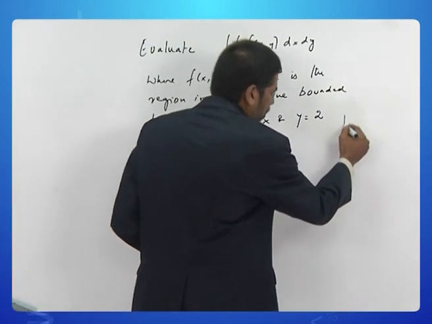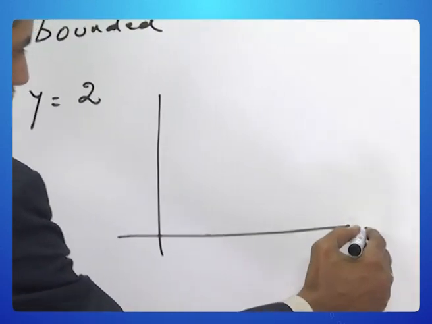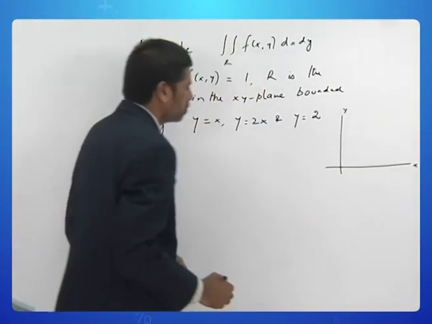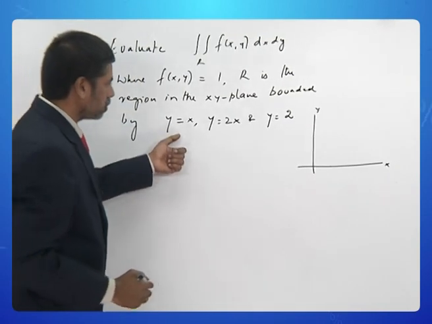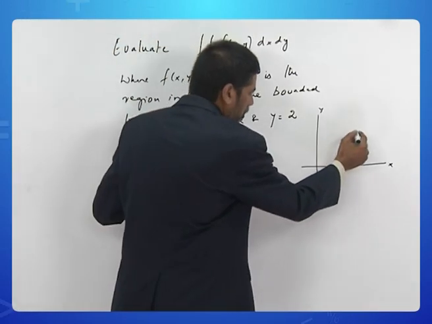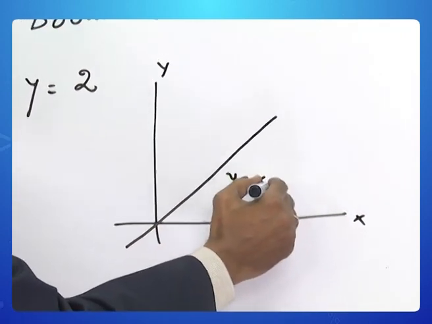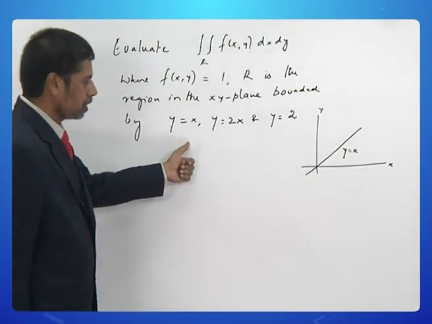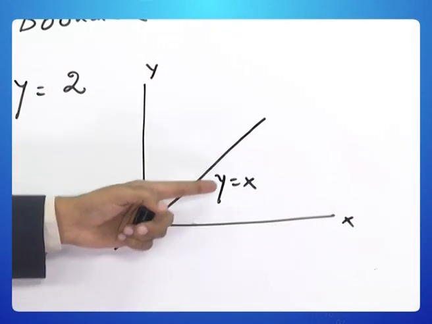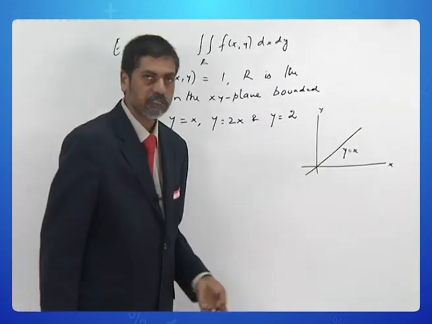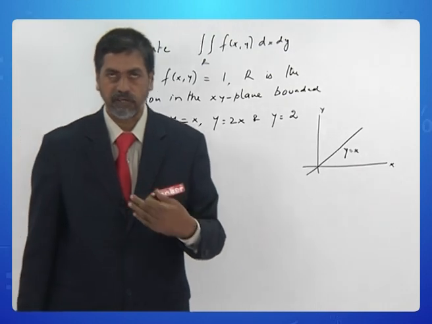So the region y is equal to x, let us say, is like this. So the slope of this line is 1, the angle of inclination with x axis is 45 degrees.